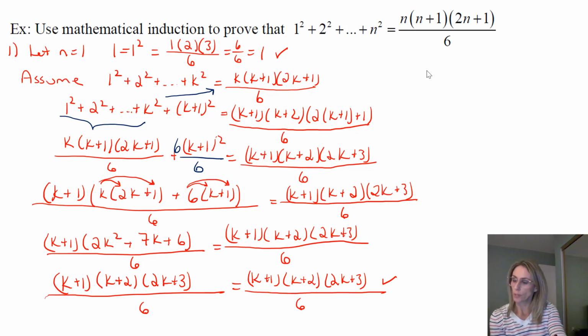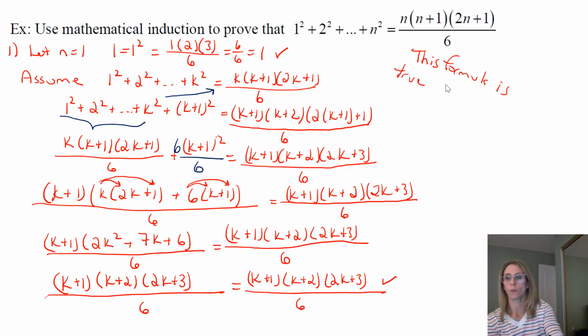We have shown the two things we need to show, so now we can say that this formula is true for all. And now I'm just going to throw one more thing at you just so that you've seen it. I'm going to use set notation. I'm going to say all n, which is an element of the natural numbers, that's the set of all natural numbers.